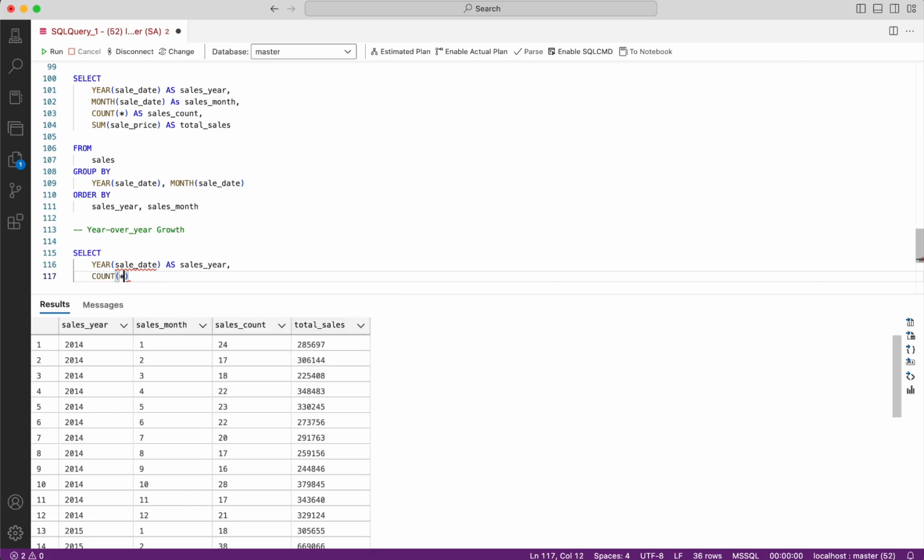And we want to count all the sales transactions as a sales count.